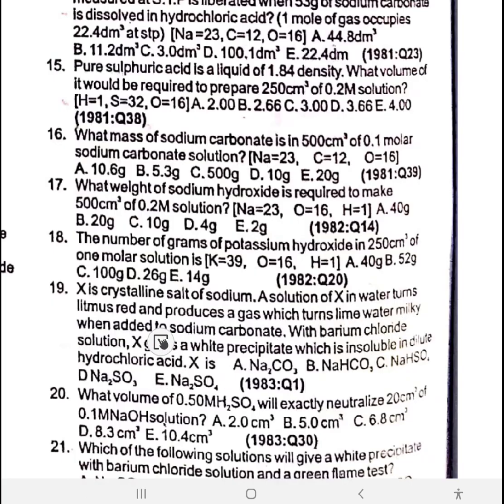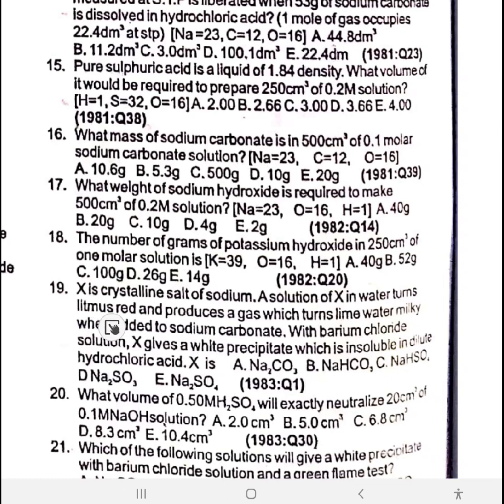They say when added to sodium carbonate, meaning say, not necessarily this one again, but still this one. So first, X is a crystalline salt, option C. A solution of X in water turns litmus red. Option B and option C are both crystalline salts.